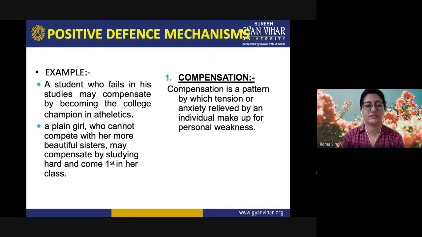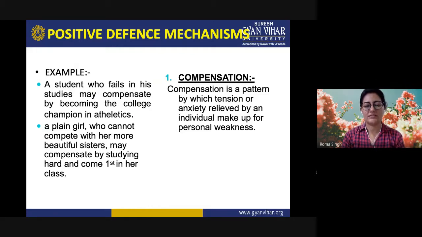Now another example we will look into is a plain girl who cannot compete with her more beautiful sisters, and may compensate by studying hard and coming first in her class. This is the totally opposite of the first example, where a girl who is an average looking person, in comparison to her sisters or her friends, wants to compensate for that thing which she considers herself plain in comparison to others.